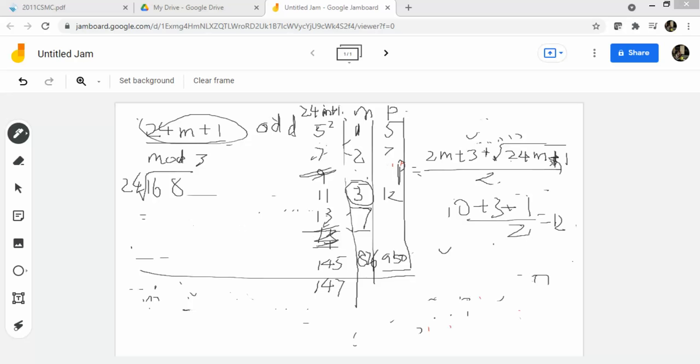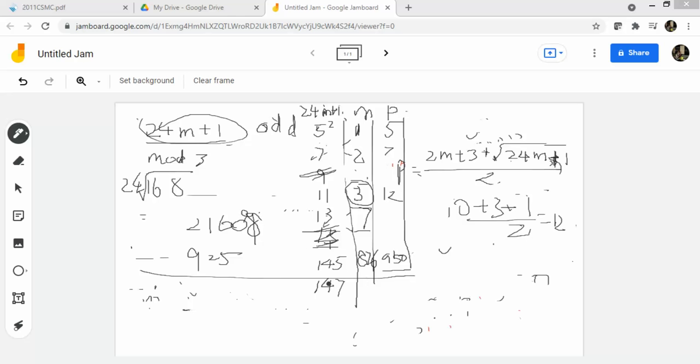This is 21609, right? And you minus 1, 21608. Then you divide by 24, that is 900-something, you have like 925. 147 we cannot try.